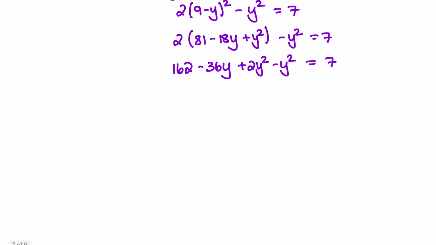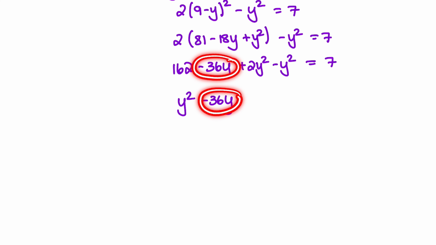And if I rewrite the equation in standard form, I see that I have 2y² - y², which simplifies to y². Next, we have -36y, and there are no other like terms.